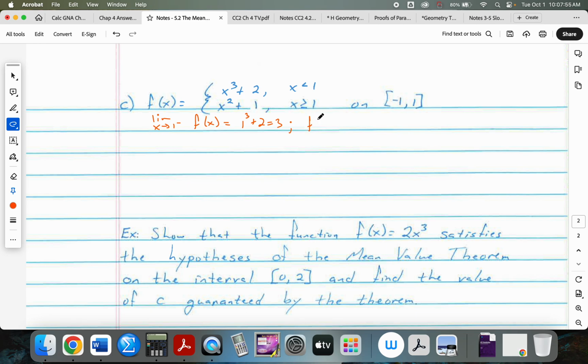But f at 1 is 1 squared plus 1, which is 2. Therefore f is not continuous at x equals 1, so the mean value theorem does not apply.